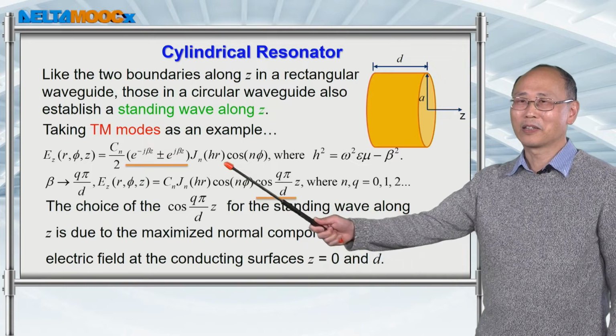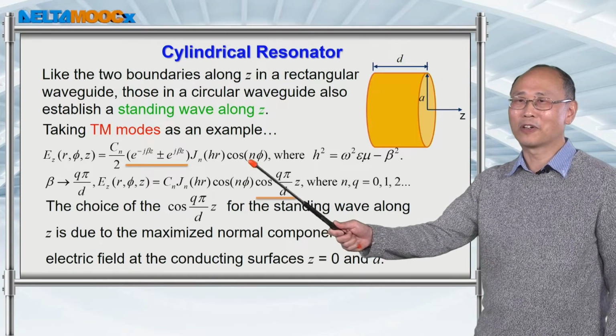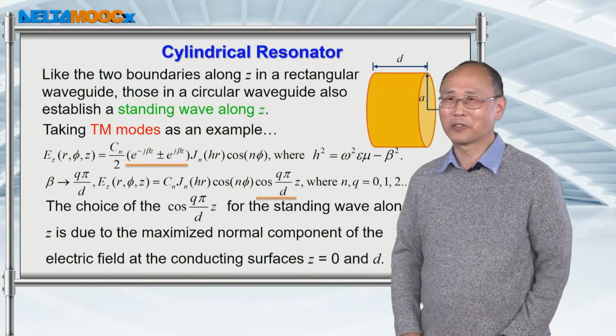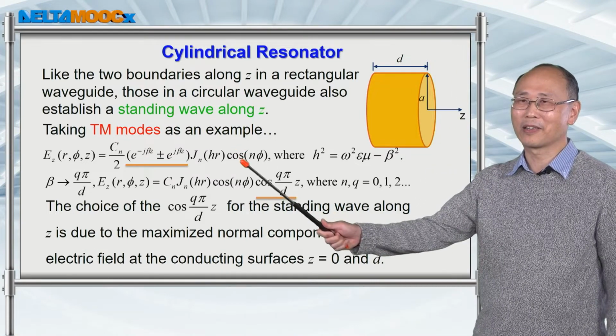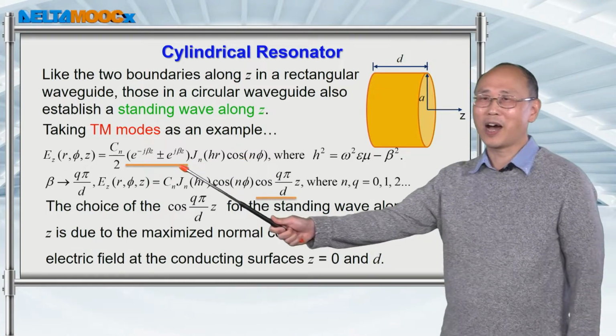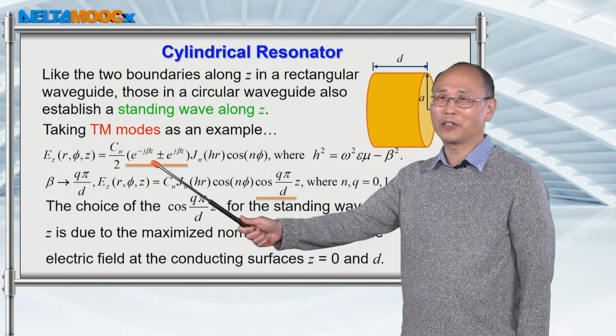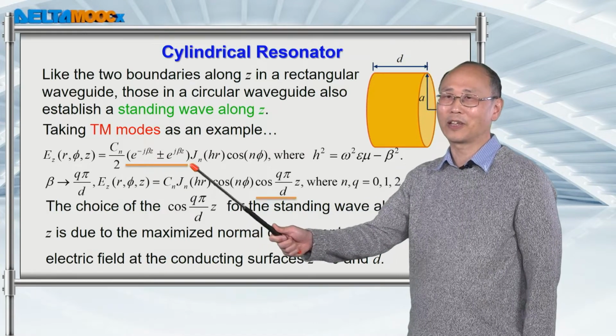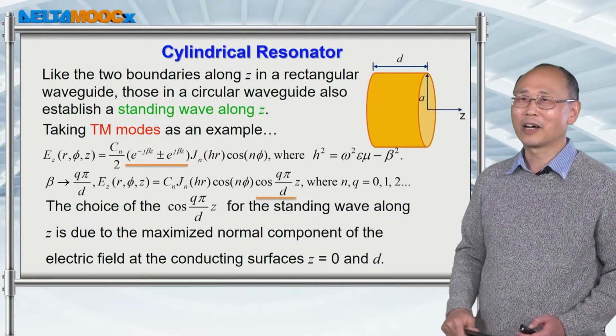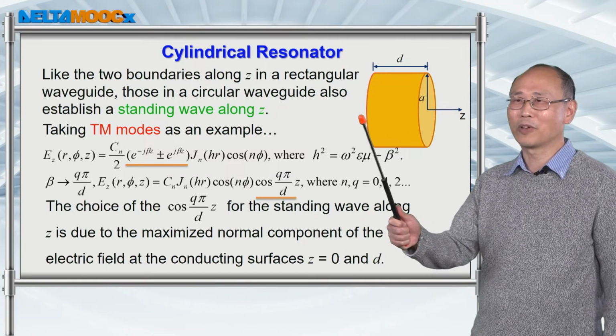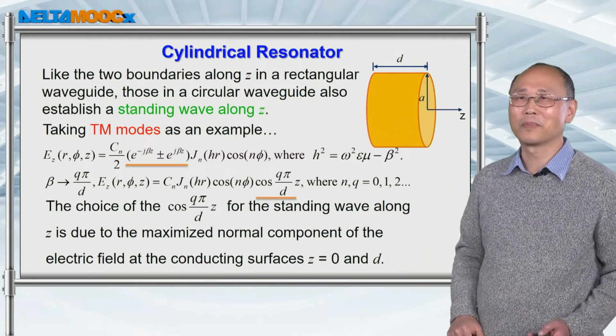And the solution was borrowed from the solution given by the cylindrical waveguide. But now we have the wave propagating in the plus z direction and also the minus z direction, setting up the standing wave around this z axis.